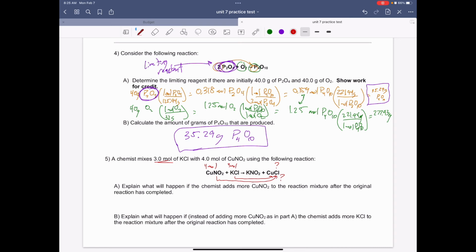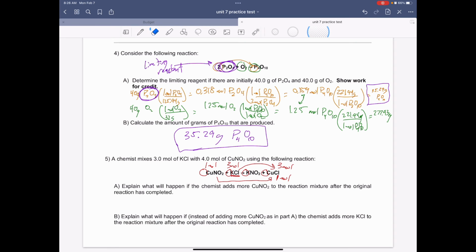The other way to do it is a little bit quicker and a little bit more straightforward. So instead, notice that the coefficients on all of these things are 1, right? Meaning that if you have 1 mole of this stuff, you're going to produce 1 mole of this stuff. Notice it's not even asking about grams, so we don't have to worry about that. It's just asking for how much, it's more of a logic question. How much can you produce? Same thing here. If you had 3 moles of this stuff right here, you could produce 3 moles of this stuff right there because it's a 1-to-1 ratio.